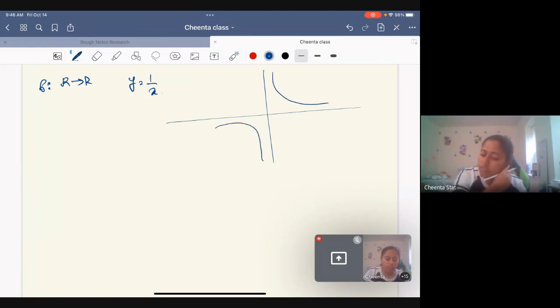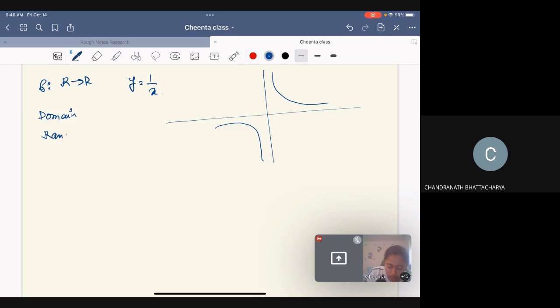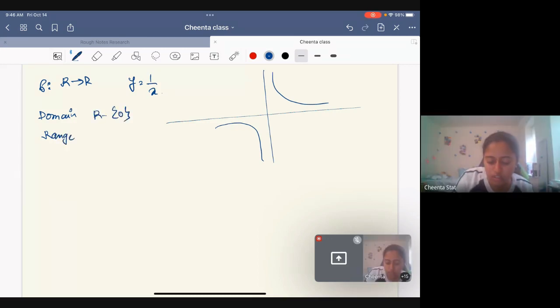Tell me about the domain and range. Ma'am, domain is R minus 0. And the range is also R minus 0. It is undefined at point 0. It is infinite.